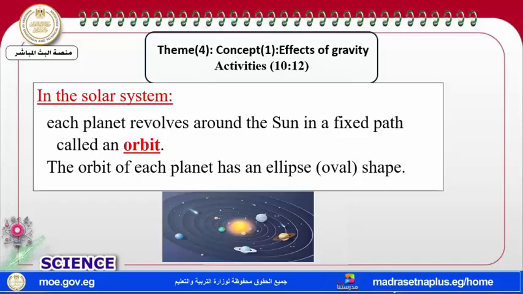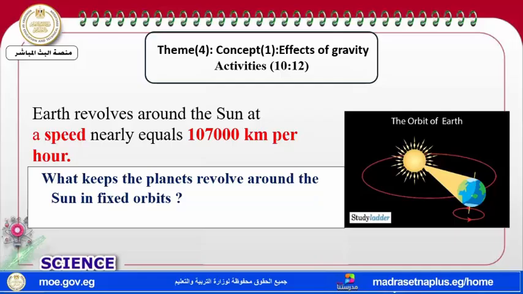So each planet revolves around the sun in a fixed orbit. What about the shape of the orbit? Each orbit takes the shape of an oval or ellipse. So planets revolve around the sun in a fixed path called an orbit.